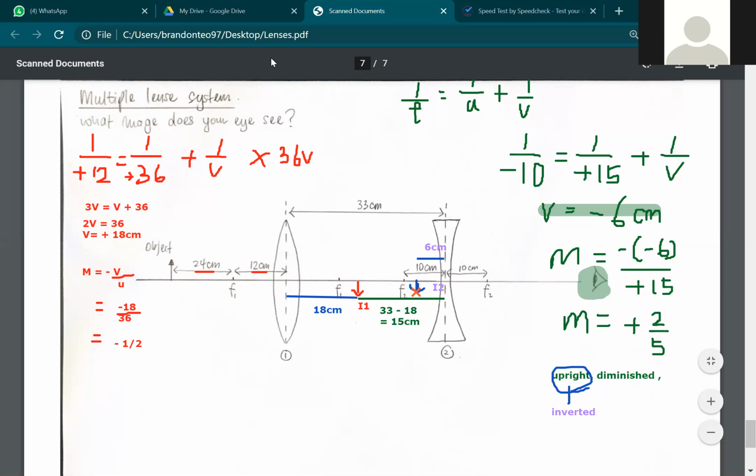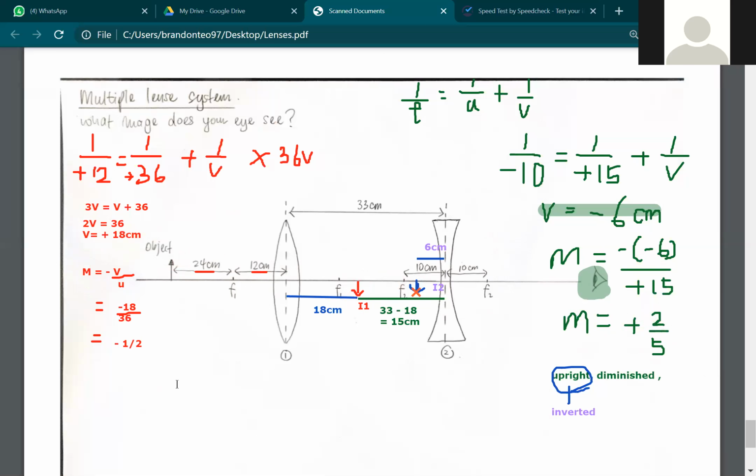Now, if you want to find the overall magnification, how? There's a formula, total magnification. Sometimes the question will ask you to calculate the total magnification. So for total magnification, you take M1 times M2. Your M1 is minus 1/2, multiplied by your M2, which is plus 2/5, so the final is minus 1/5.